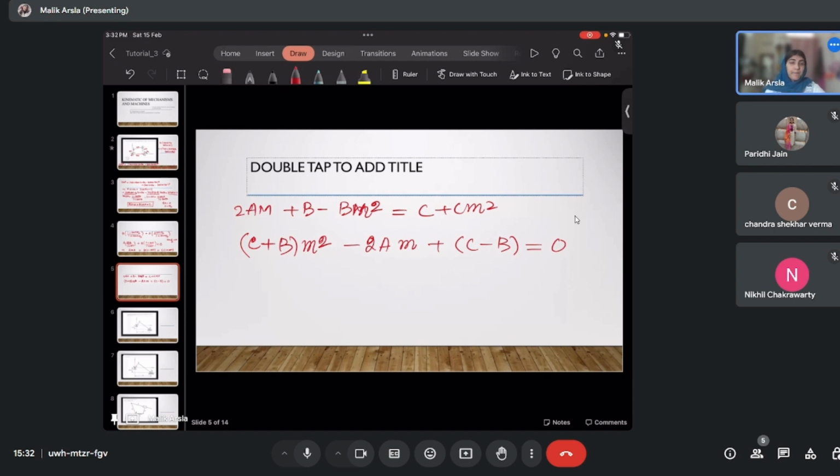Quickly. Please keep a pen and paper with you and note down these equations at least, so that whenever I ask you to solve or calculate anything, you should be able to give at least that.